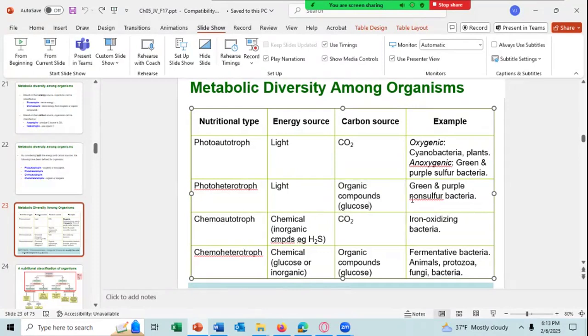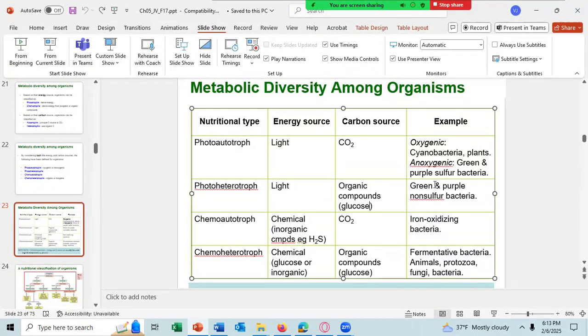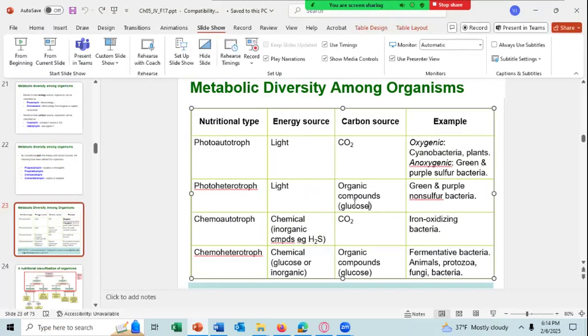The green and the purple non-sulfur bacteria. Before we talked about the green and the purple sulfur bacteria. Now we're talking about the green and the purple non-sulfur bacteria, which are photoheterotrophs, getting their energy from light, but they get their carbon from an organic compound such as glucose.